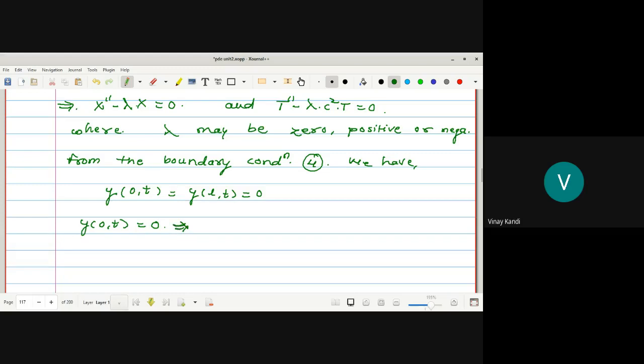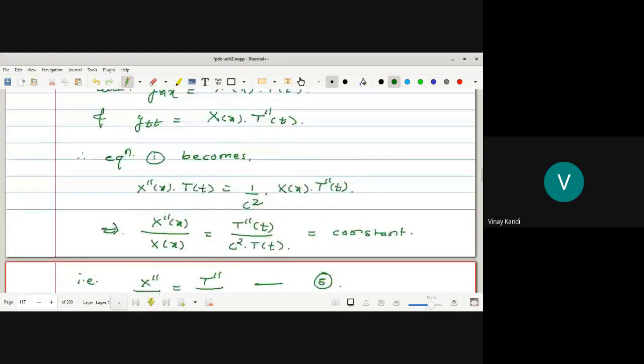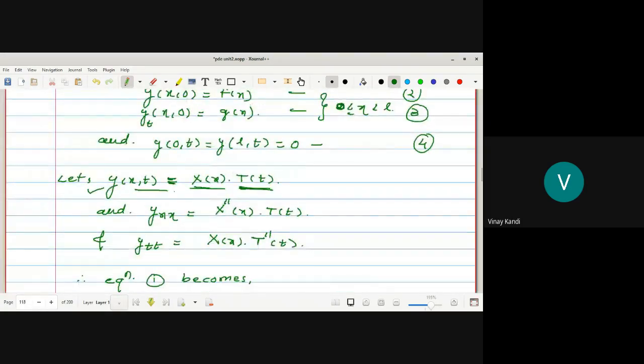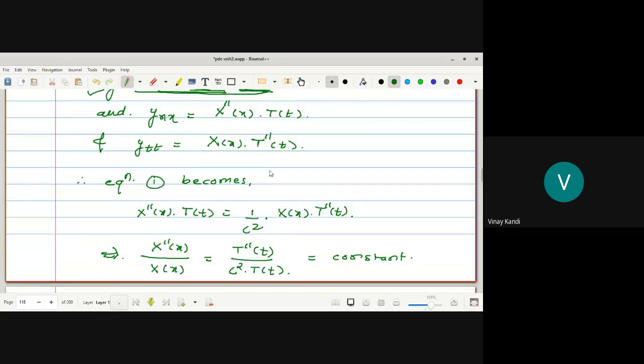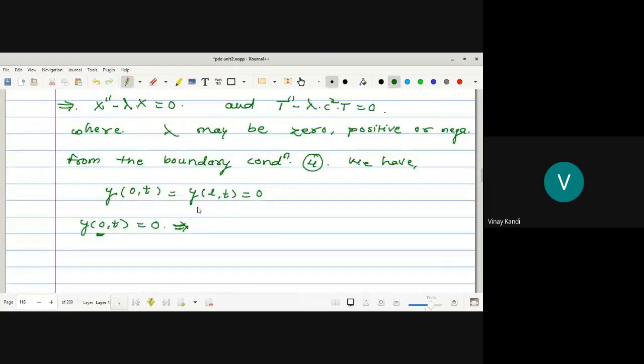Okay, this implies put the value of x is equal to 0 in this equation. So we get X of 0 into T of t is equal to 0. This implies X of 0 is equal to 0, as the function T of t is not equal to 0; this non-zero function T of t is not equal to 0.